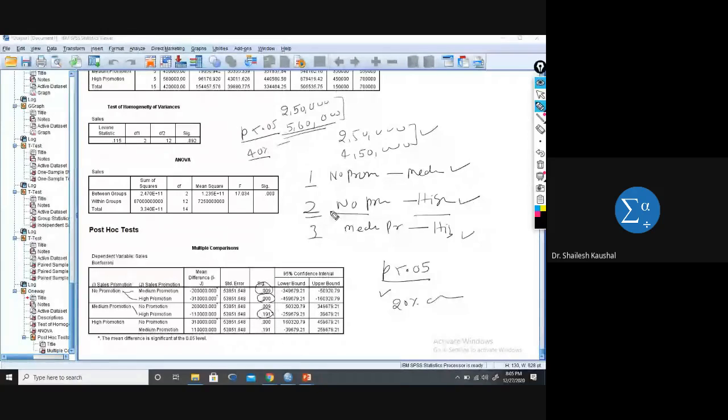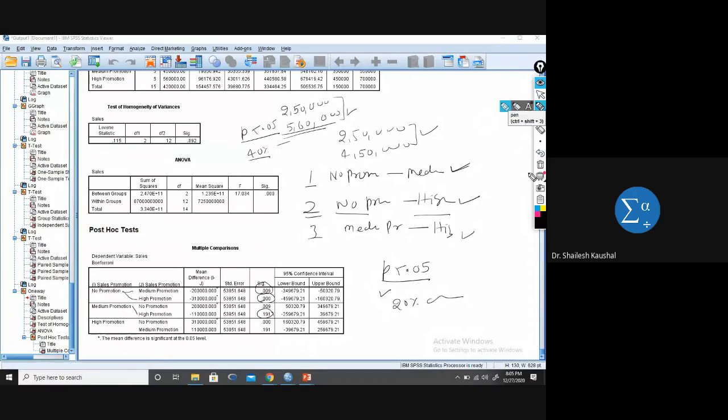So we report only two results: when we give a 20% discount, sale significantly increases, and when we give a 40% or high promotion, sale is significantly increased.